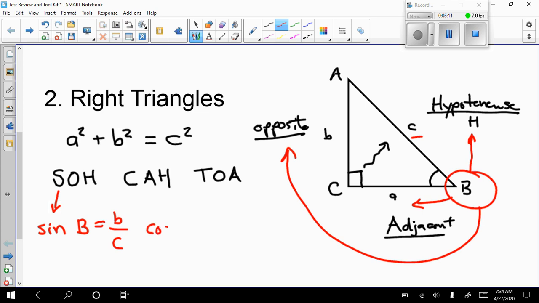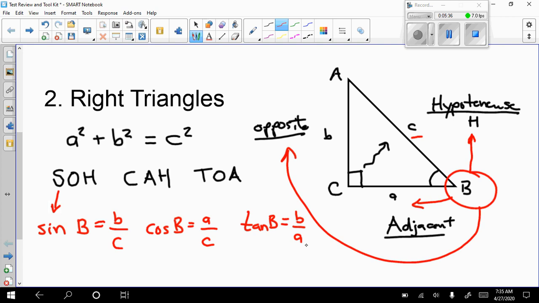Well, we know also that cos of angle B is adjacent, so that's little a, over hypotenuse. Hypotenuse is always c. And then finally, we know that tan of angle B is equal to opposite, so that's b over a.